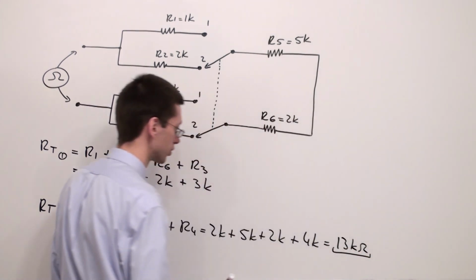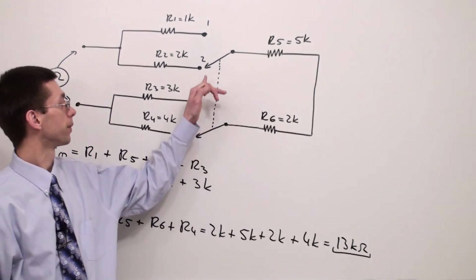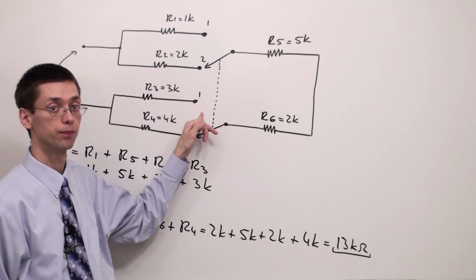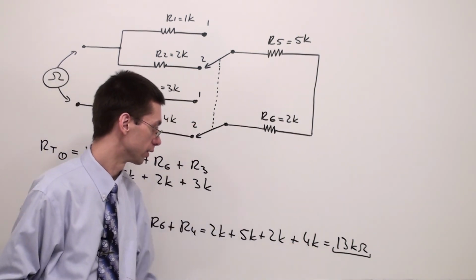Total resistance of my circuit when the switch is at position 2 is equal to 13 kilo ohms.